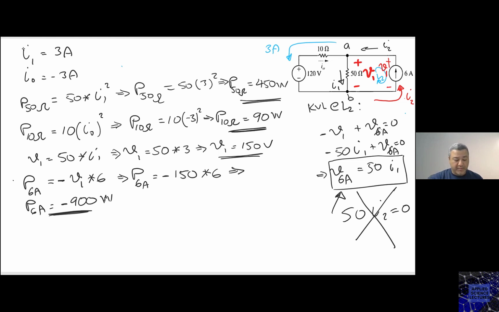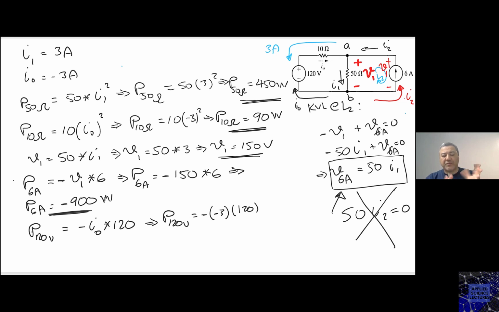If I look at I naught entering the negative terminal, that's why you multiply it by negative.